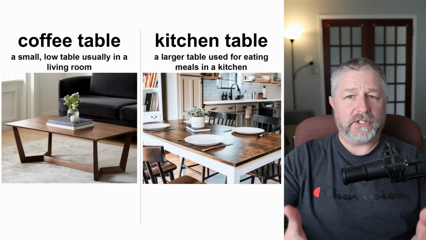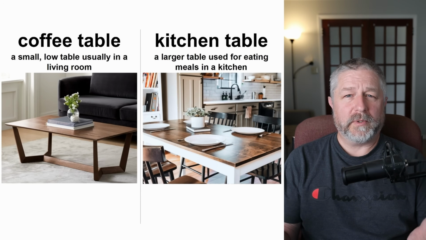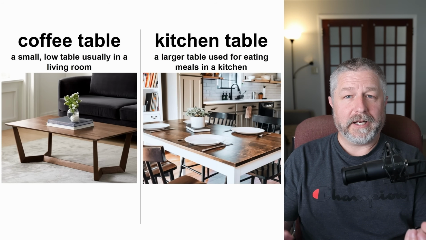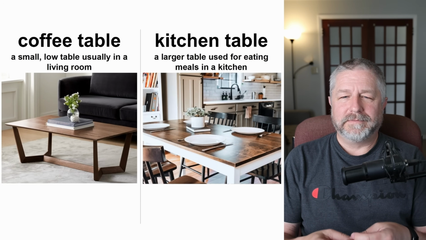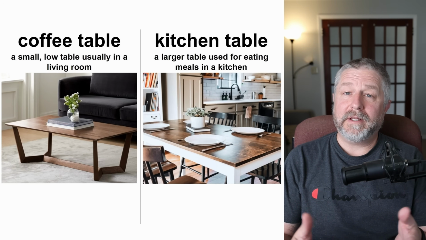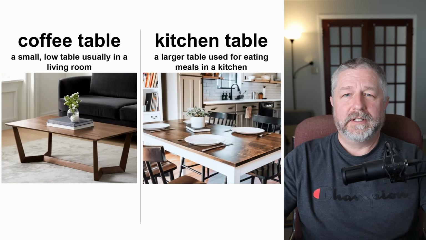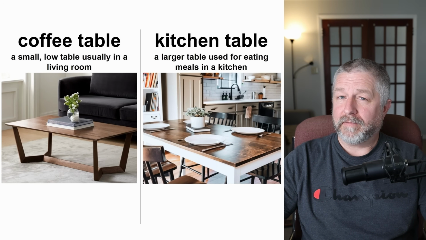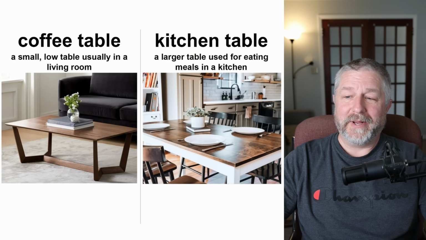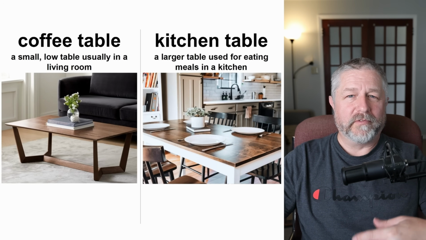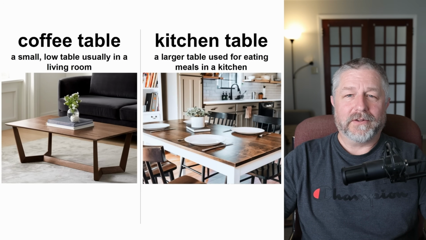Some people have a kitchen, and then they have a separate room called a dining room, and then they would have a table in there called a dining room table. But I do have coffee table and kitchen table. We definitely have a coffee table in front of our couch in our back room, and we have a really large kitchen table, because when all of our kids come home for a meal, we need a lot of chairs.